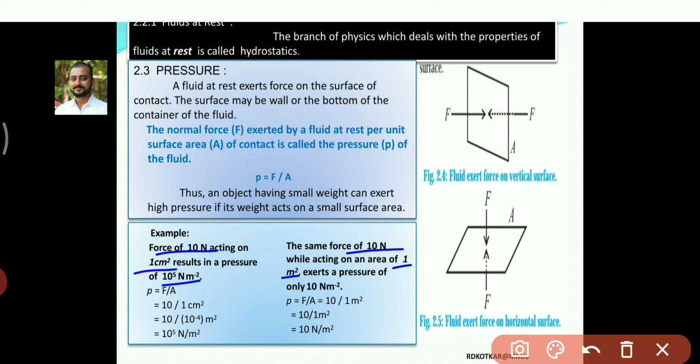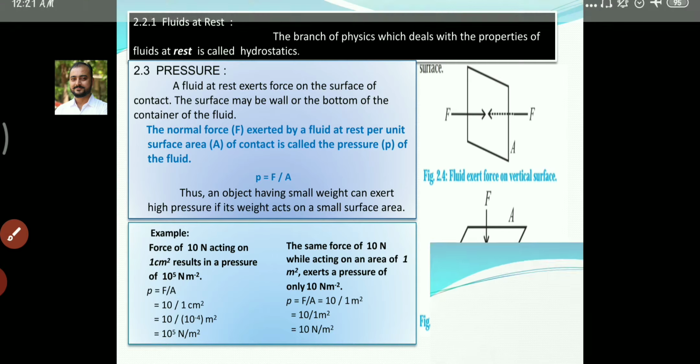So the pressure acting is 10 to the power 5 Newton per meter square in the first, and 10 Newton per meter square in the second. This means as area increases, pressure decreases. You can understand it by using this example also. It's simple: as force is constant, as area increases, pressure decreases. Or you can say that as area decreases, pressure increases, vice versa.